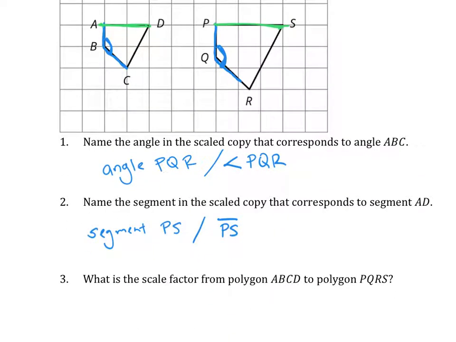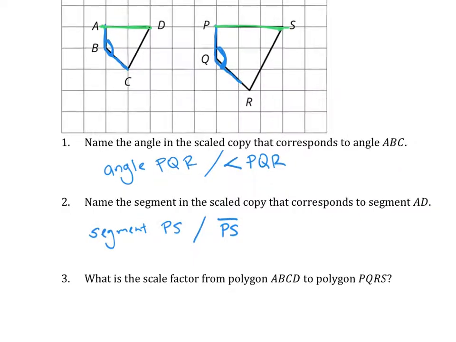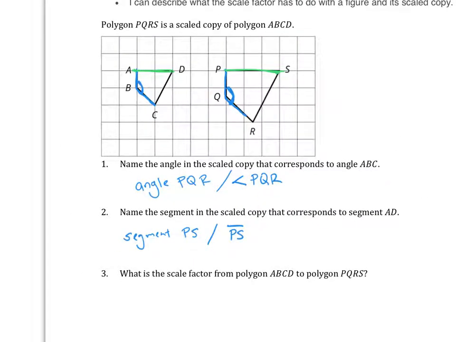Okay, and then finally we have, what is the scale factor from polygon ABCD to polygon PQRS? Now to figure out the scale factor, you take the scaled copy, take one of the side lengths and put it over, or divide by, the original copy.